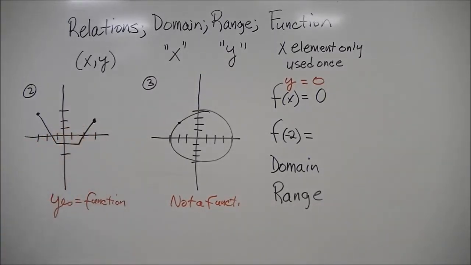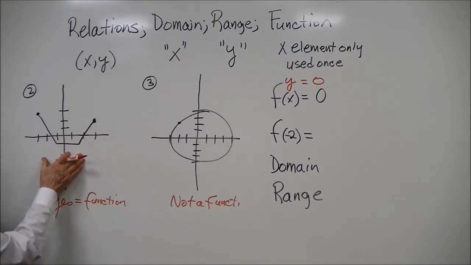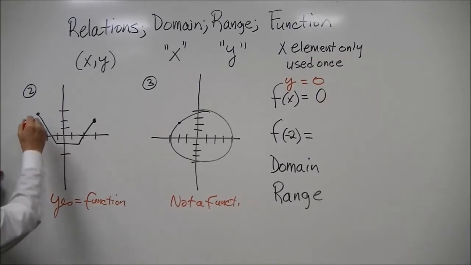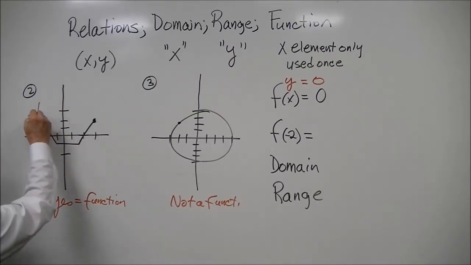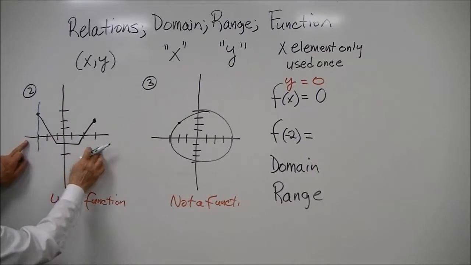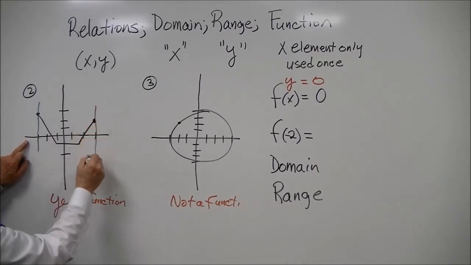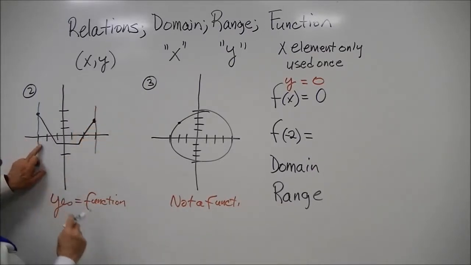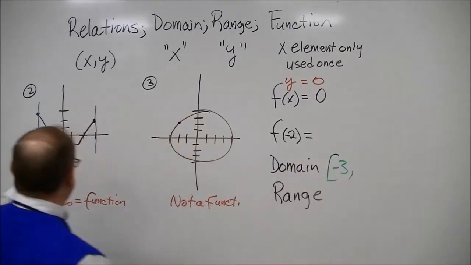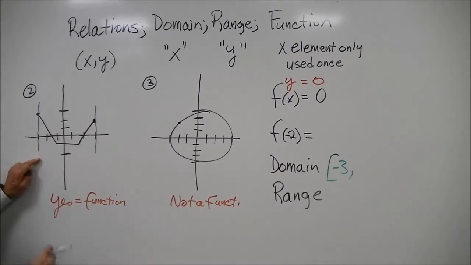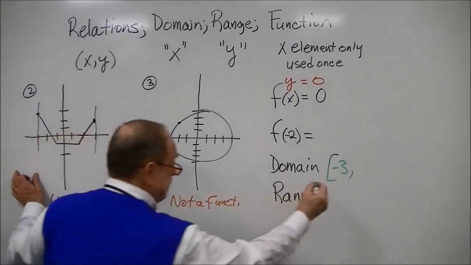Now, we're asked also, what will the domain of this one be? Well, the domain, again, we're projecting this down, and we're using green for that, to the x-axis. So the domain starts at -3, and -3 is included, and it goes up to +3.